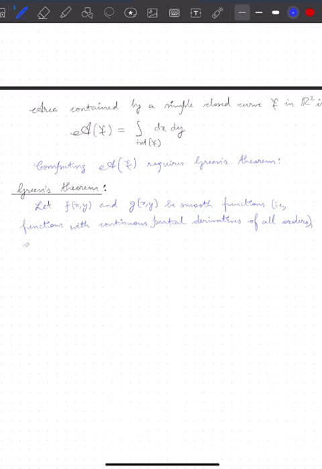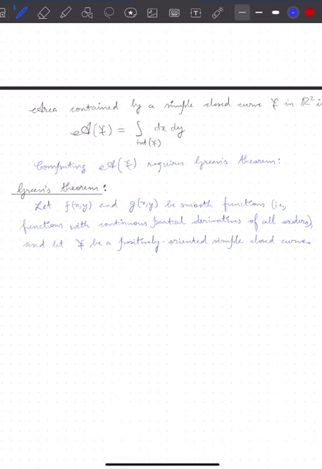And let gamma vector be a positively oriented simple closed curve. Right, positively oriented has to do with the choice of normal vector.